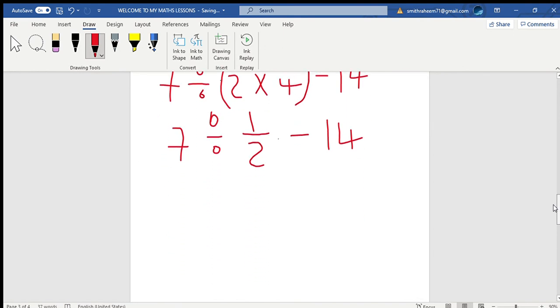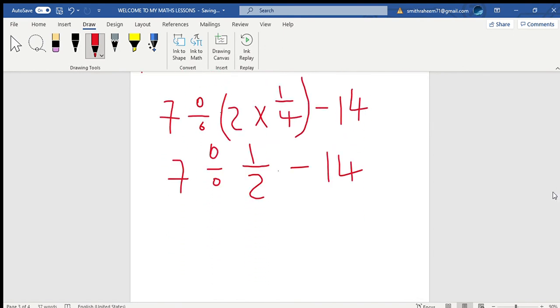Okay guys, so 7 divided by a half, which you could rewrite this as, I hope you guys learned this in primary school. Alright, so when you're dividing a whole number by a fraction, you could put the 7 over 1, and your teacher will tell you that you should change divide into a multiply sign, and we're going to reciprocate.